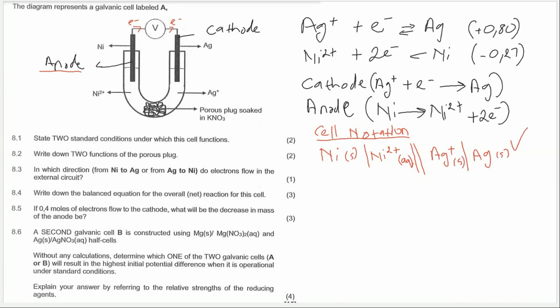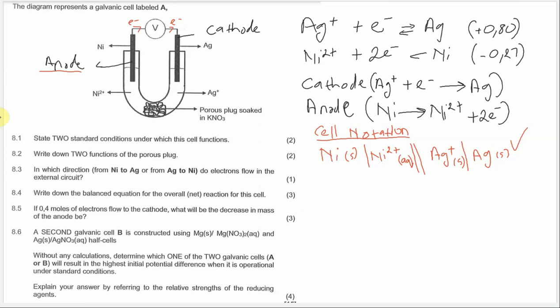Now the last thing you can do is get the net cell reaction, the net overall reaction between these two. Obviously, the electrons for Ag are not balanced with the electrons of nickel, so we need to balance that.